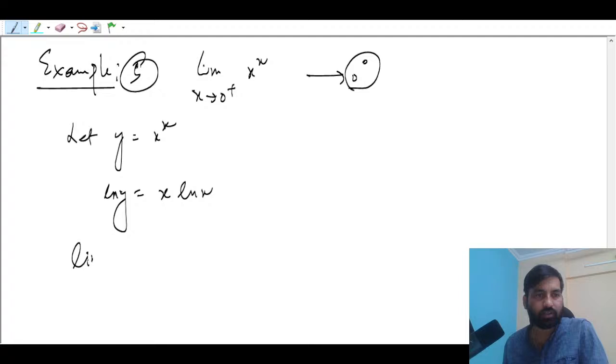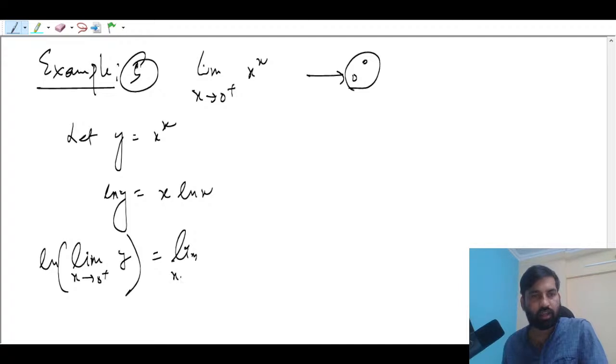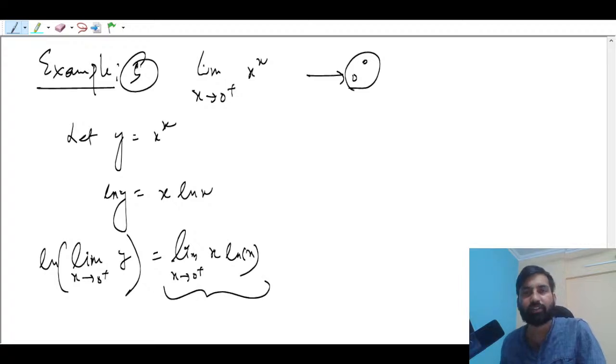So limit, ln you can take out. So ln of limit x tending to 0 plus y, which is nothing but limit x tending to 0 plus x ln x. Okay, and this part we can solve. So how to solve this?